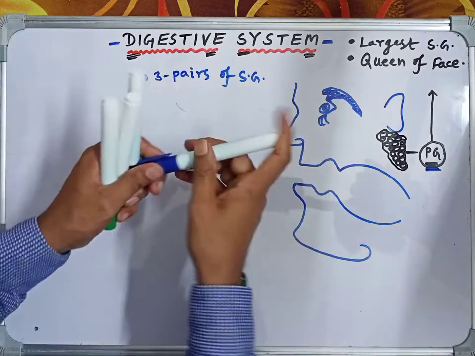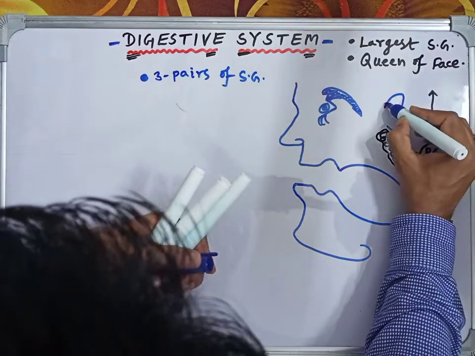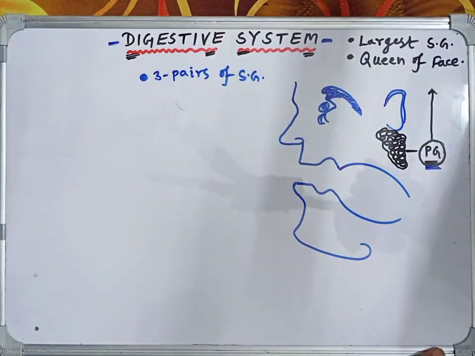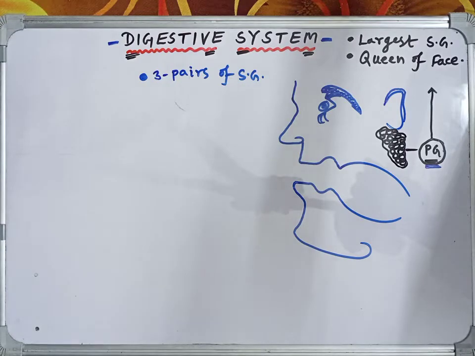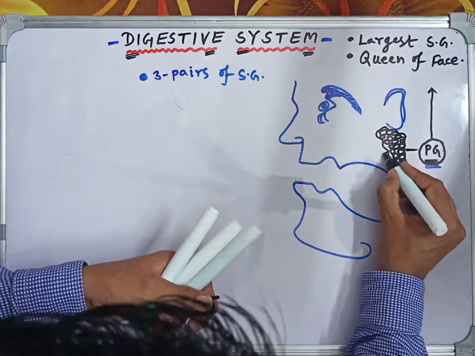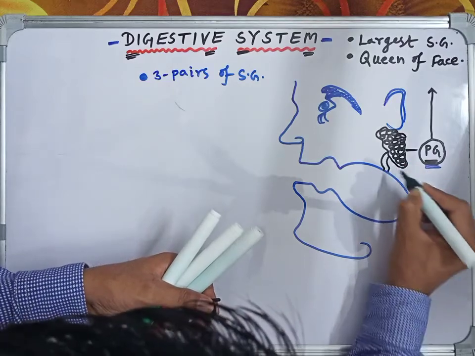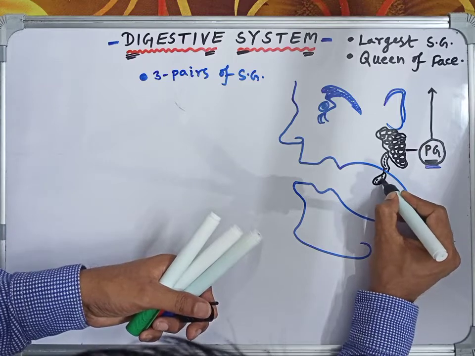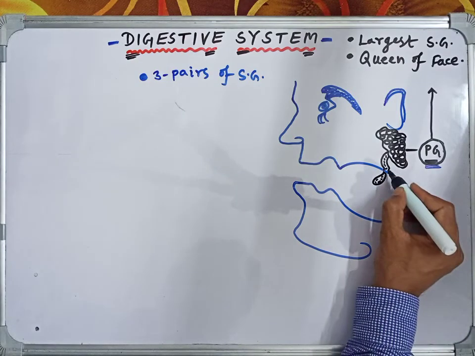Where is the position of this parotid gland, my dear students? The position of the parotid gland is just below the ear, our hearing organ, right? And the duct of the parotid gland opens inside our oral cavity.